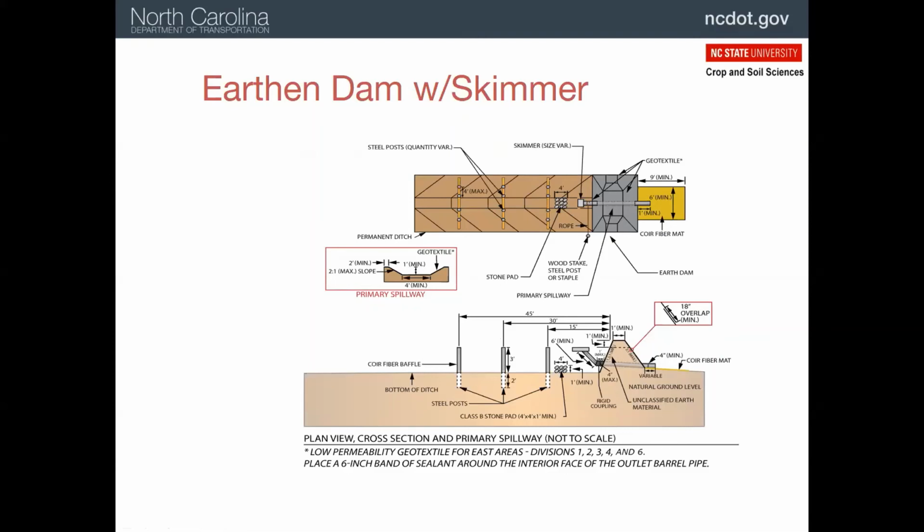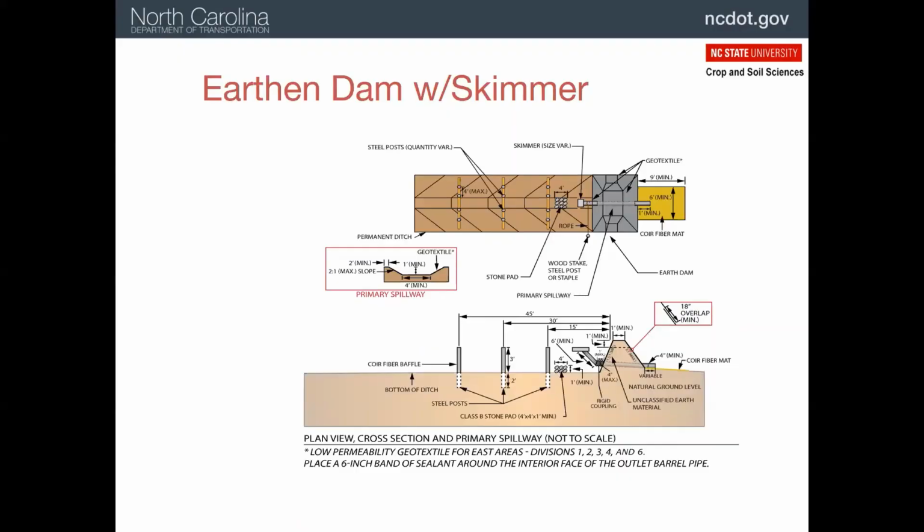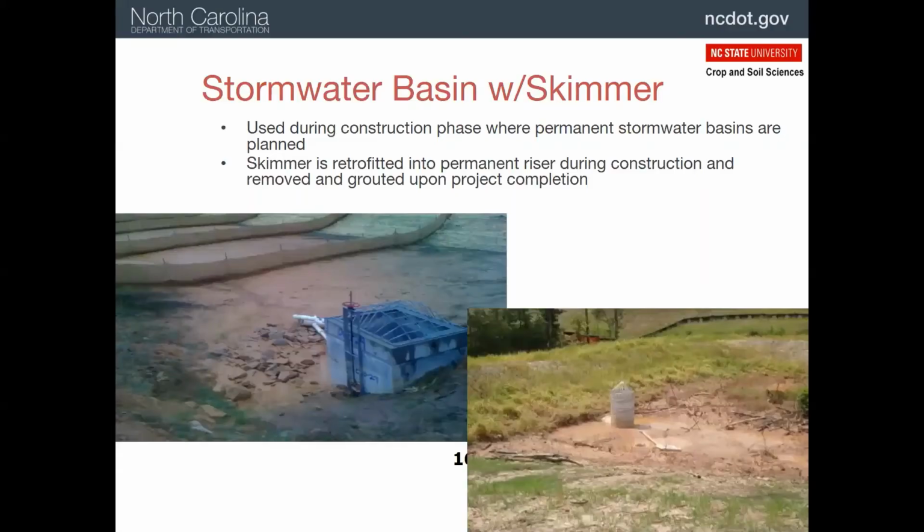Everything else you see is going to be just the same as a skimmer basin. We got the baffles, skimmer, the rock pad. We've got the pipe elevated a foot off the bottom, and we've got the emergency spillway, and the dam is all covered up with the geotextile. So pretty much a skimmer basin without an upper wall.